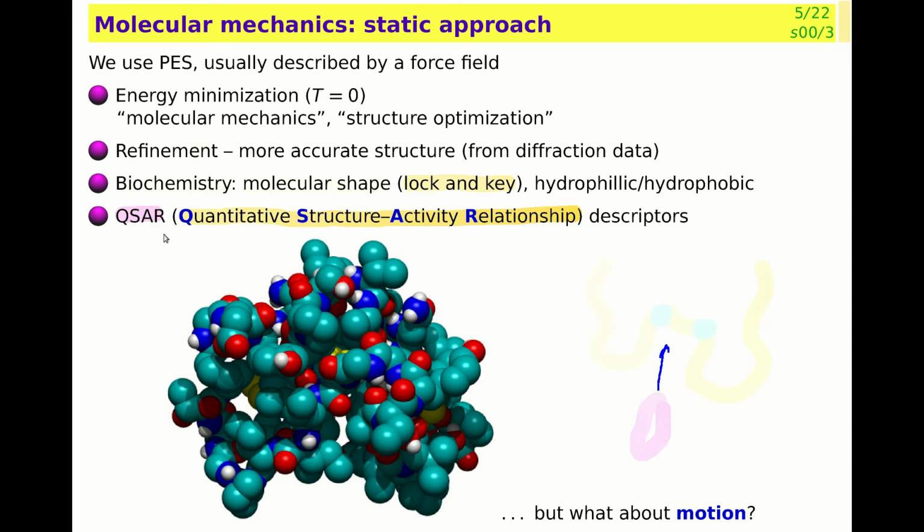The QSAR method works in such a way that we take a set of substances for which this action in our bodies has been determined and assign certain descriptors to these substances. These descriptors can be many properties, for example, hydrophilicity or hydrophobicity, electric dipole, but also some descriptors that can be derived from a force field of a molecule at energy minimum.